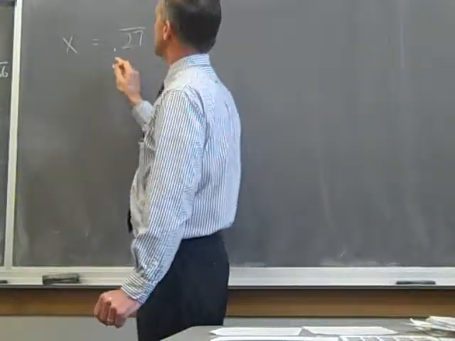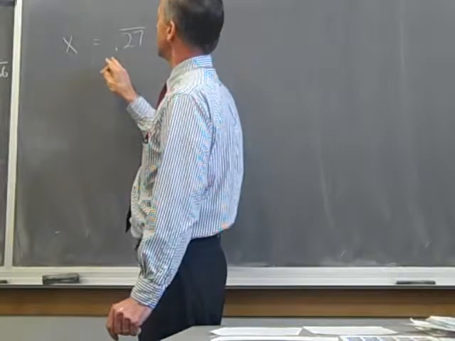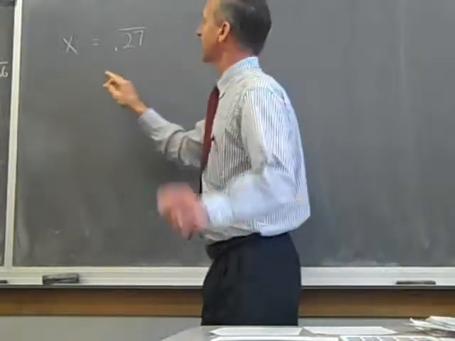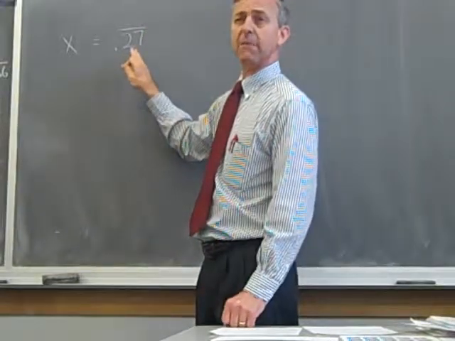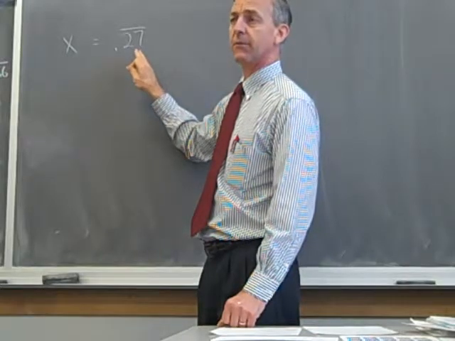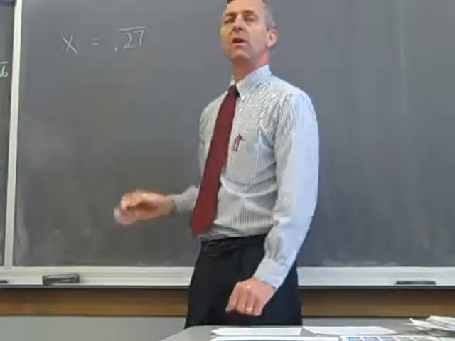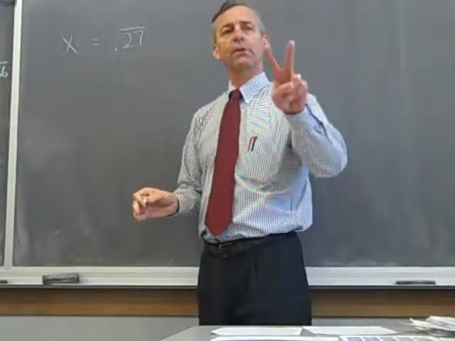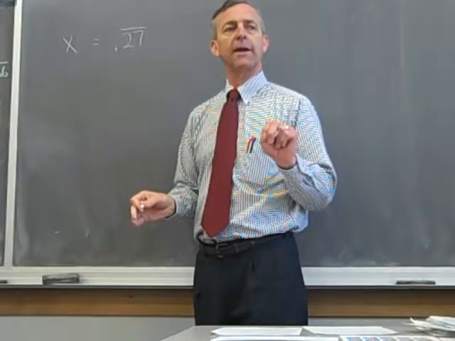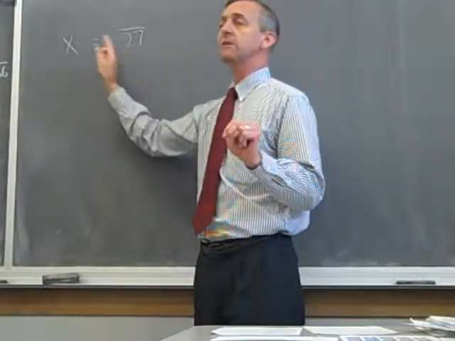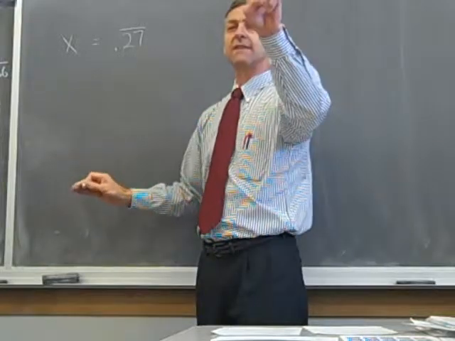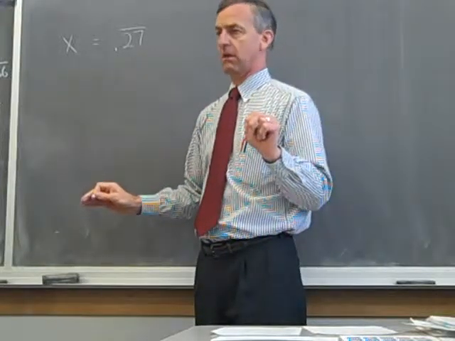All right, so let's do this. Here's the procedure. I look at the repetend and I say, how many digits are in the repetend? 2. So since there are 2 digits in the repetend, I'm going to multiply both sides of this equation by the second power of 10.